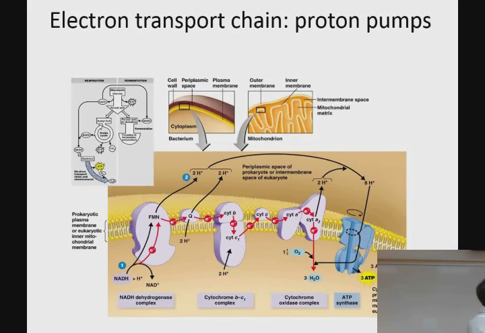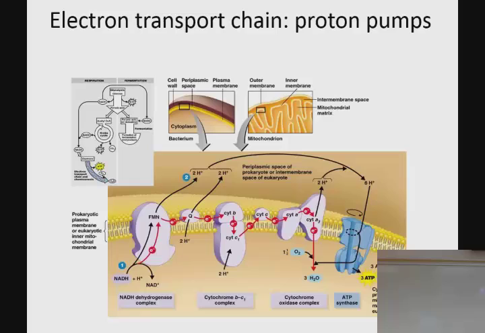And as the electrons are dropped off and passed down, these machines are pumping protons from one side to the other. And on this side, the proton concentration is really high, which means what about the pH? It is acid, it's low, right? And on this side, it's going to be neutral. So now we have a whole bunch of hydrogen ions up here. And what do they want to do?